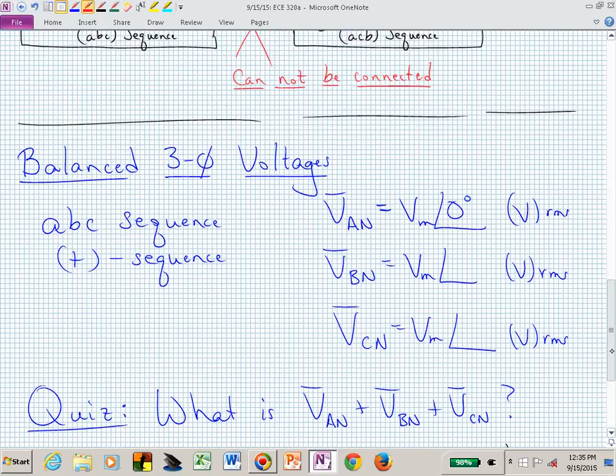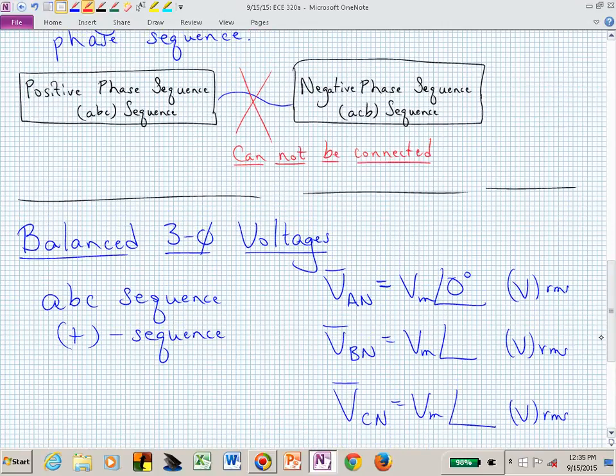Well, maybe even before we get to the quiz, can you remind me what a set of balanced three-phase voltages look like? And I've done the hard part. The magnitudes are the same. The lengths of all of your vectors are equal. What goes in the angle?